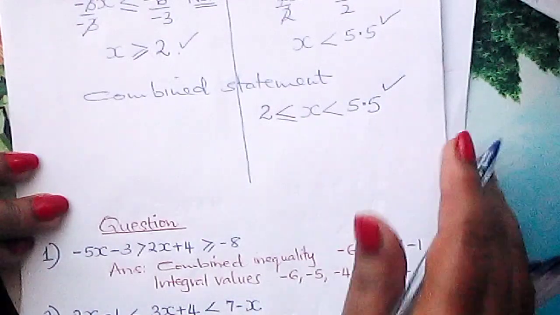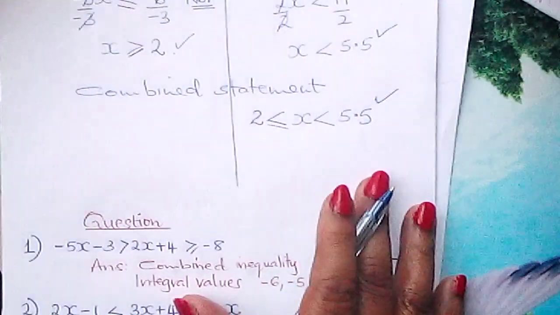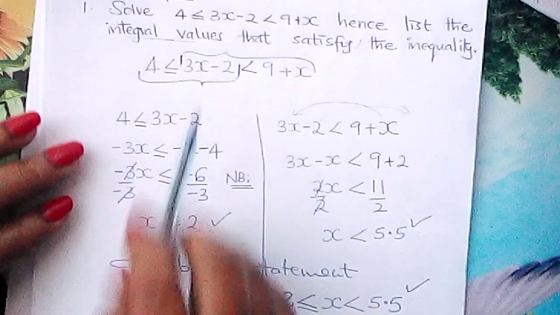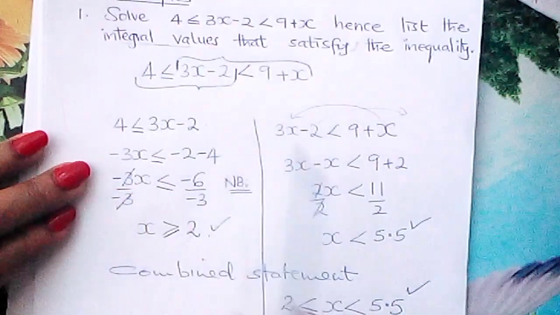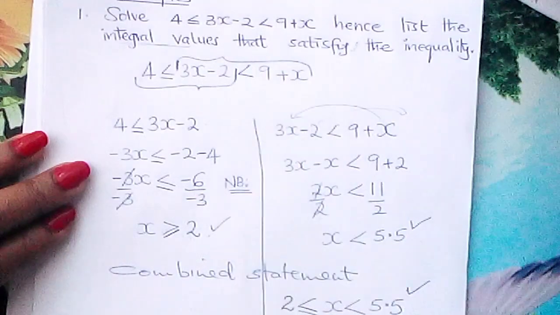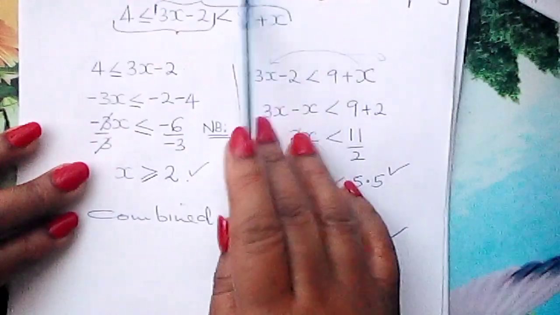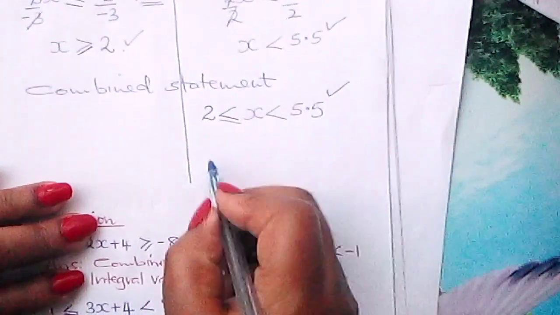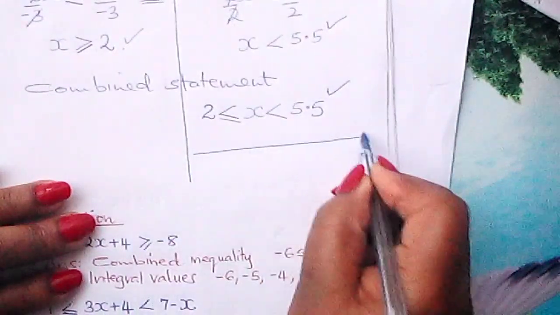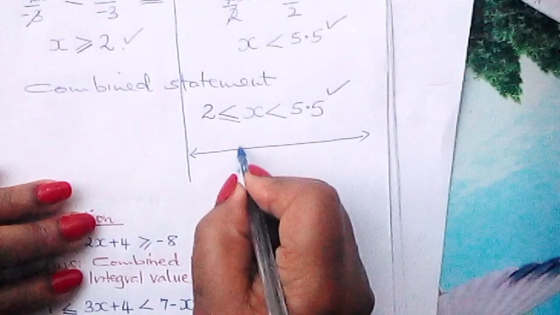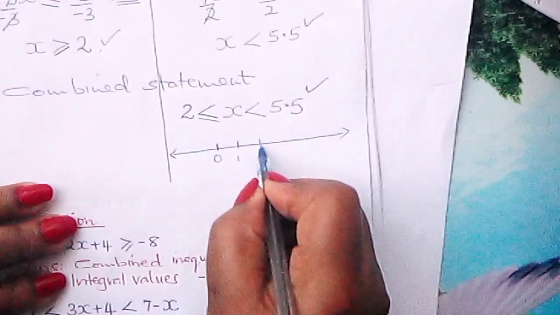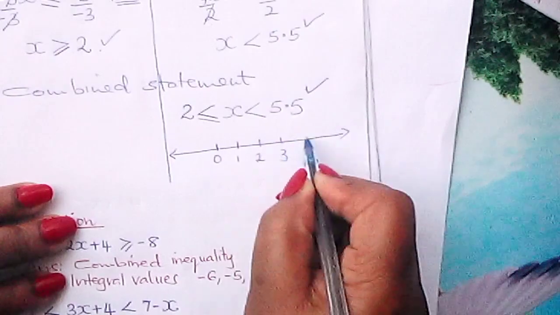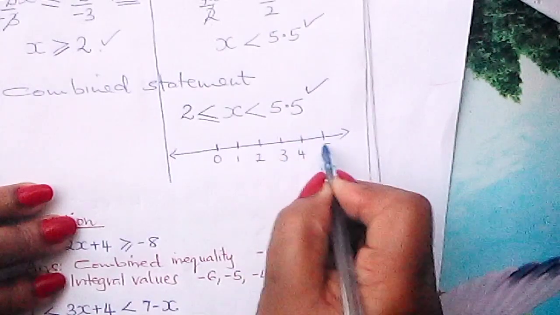From here, learner, what are we told? You are told to list the integral values, the integer values of x that satisfy the inequality. How do you go about that? Just put down a number line; it will help you. Here 0, here 1, 2, 3, 4, 5, and so on.